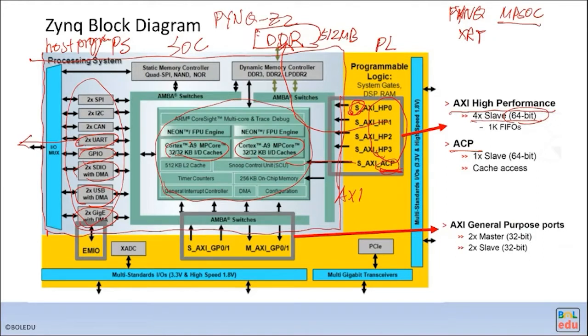If you want the processor to initiate a transaction to access the PL side kernel function, you have to use this port here. Okay, that's a general purpose port. Here it provides two master ports, which means two ports through which the CPU can initiate transactions toward the kernel functions.